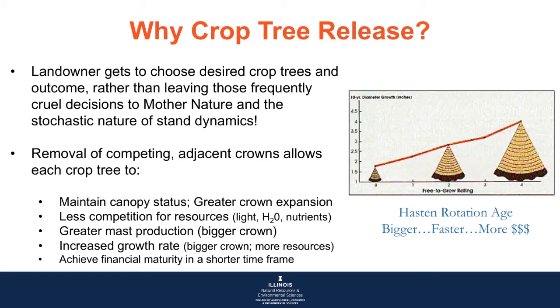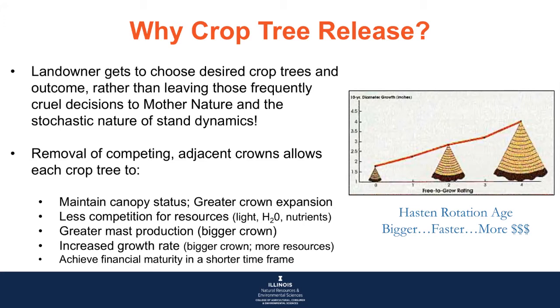So basically, our trees increase in diameter faster, which is always nice, which is also important from a financial aspect. And those individual crop trees that are properly released will achieve financial maturity in a shorter time frame. And that kind of goes back to the hastening of rotation age, where many hardwood stands here in Illinois become financially mature around age 60, 70, or 80.